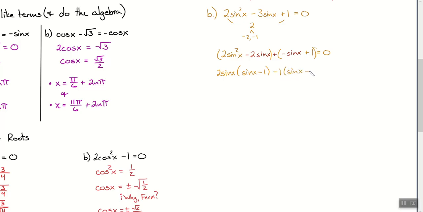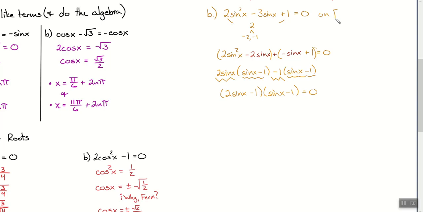So we get sine x minus 1. So these match, which is what I need. So I now see that my factors are 2 sine x minus 1 and sine x minus 1, and that's equal to 0.